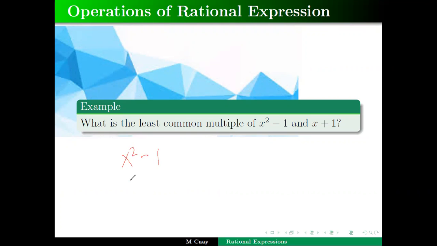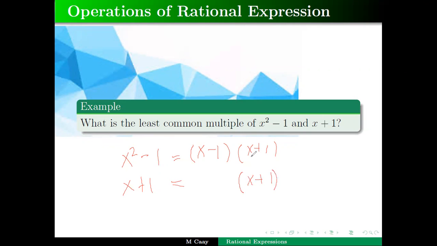We also have here x plus 1. So we all know that by a special product formula, x squared minus 1 is equal to x minus 1 and x plus 1. So basically, the product of x minus 1 and x plus 1 is x squared minus 1. And we all know that x plus 1 is actually a simplified term already. So that means x plus 1 is just x plus 1.